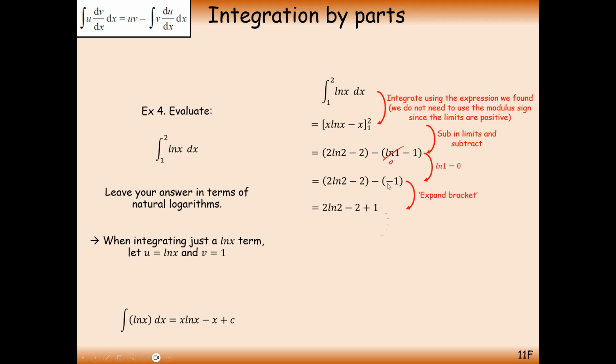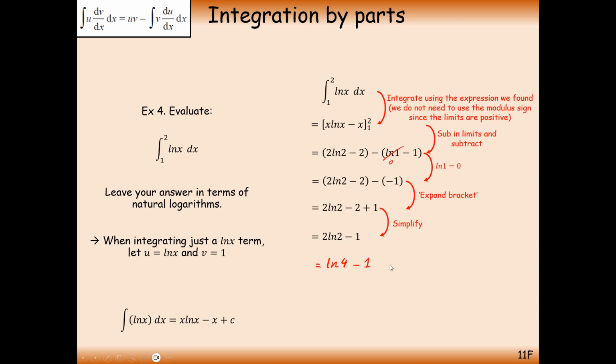Okay, and finally adding and subtracting and simplifying, we'll get the answer to be 2 log 2 minus 1. Of course, you could have written this as log of 2 to the power of 4, 2 to the power of 2, which is a 4, like so.